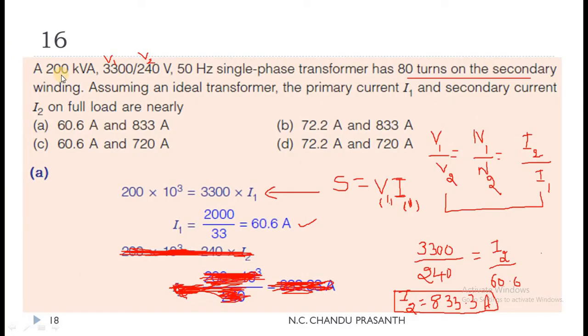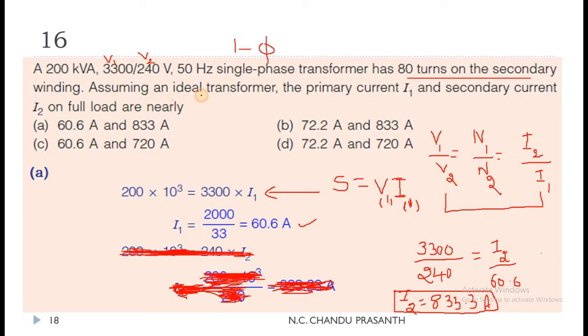And the 16th one, a 200 kVA, kilovolt ampere, 3300 by 240 volts, that means V1 and V2, and 50 Hz single phase transformer. They mentioned a single phase transformer has 80 turns on the secondary winding.